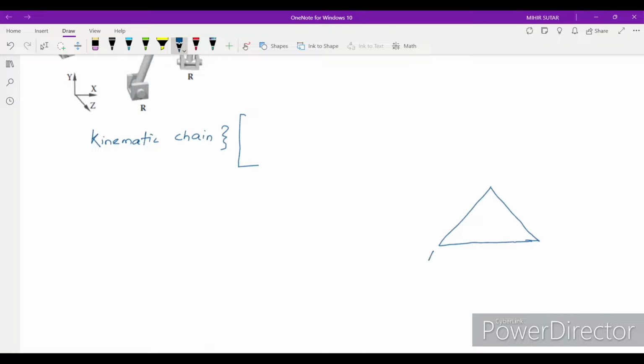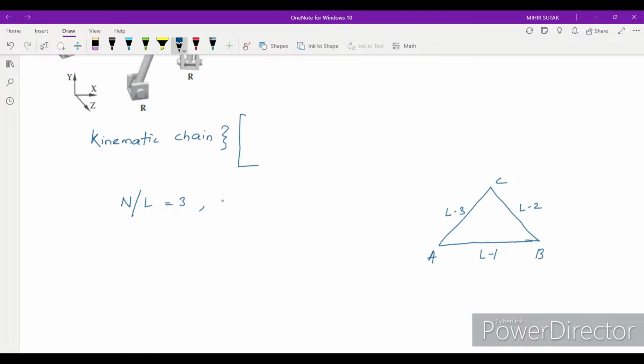Let's say the joints are A, B, C, and the links are L1, L2 and L3. In this case, the number of links, let's say n, or we can say L in some books, is equal to 3.